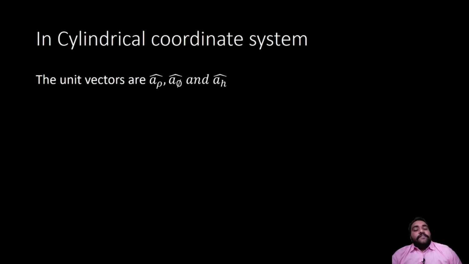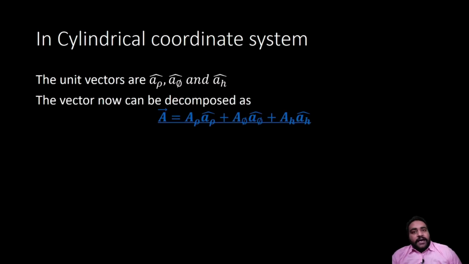Now, the vector which is decomposed along these directions can be written as A bar equals A rho rho cap plus A phi phi cap plus A z z cap, where the value of A rho can be obtained again using the operation of dot product performed between the given vector and the unit vector along which we would like to determine the component.